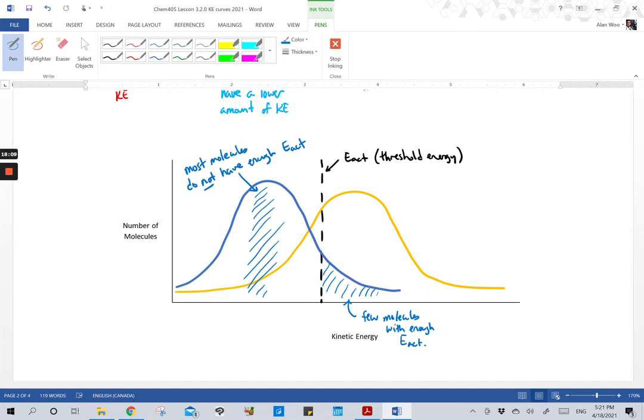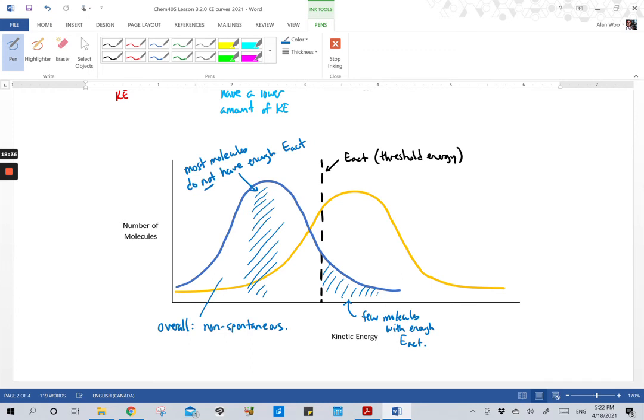So overall, this reaction is non-spontaneous. It cannot absorb enough energy from the environment to react on its own.